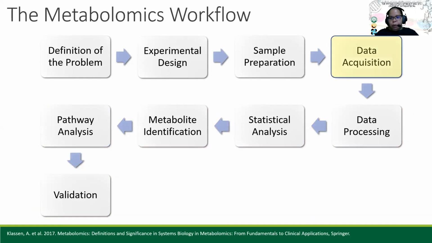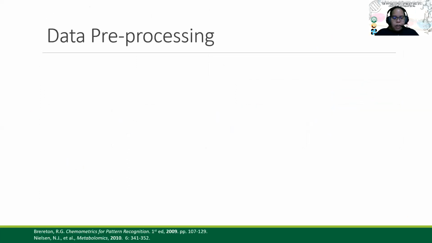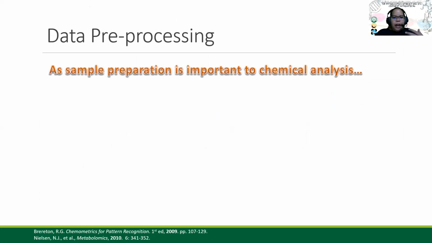So, from the data acquisition, we go to data processing. We know, right, that in chemical analysis, sample preparation is very important. It is known that a lot of the analytical variation comes from the sample preparation, and so it is very important that we optimize the sample preparation in order to get accurate and meaningful data.